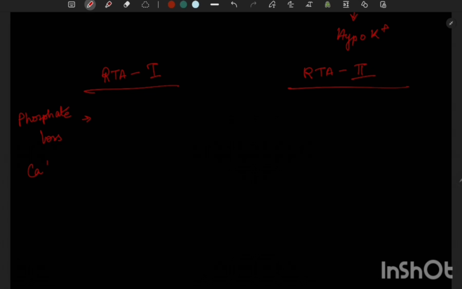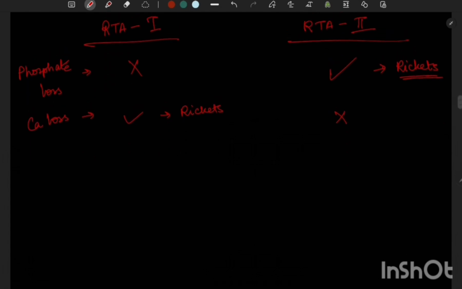If we see, calcium loss is there in RTA type 1, but it is not present in RTA type 2. Calcium loss will lead to rickets in RTA type 1, but this rickets due to phosphate loss is more severe. So the rickets is more severe in case of RTA type 2 or proximal RTA.